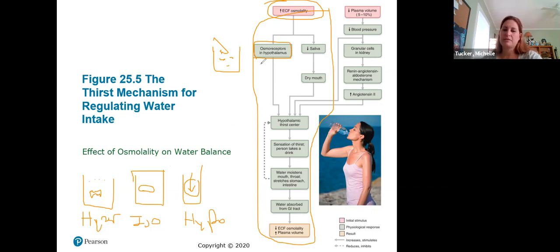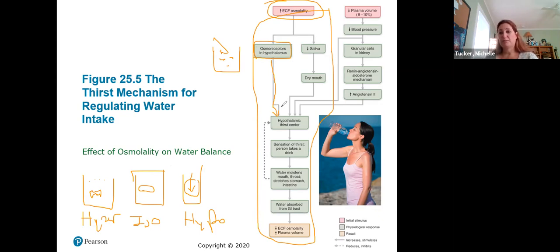So osmoreceptors are just like any other cell in your body, in that they're susceptible to the tonicity of the fluid that they're in. The way that they're different is that when they start to shrink, they send action potentials to the hypothalamus.